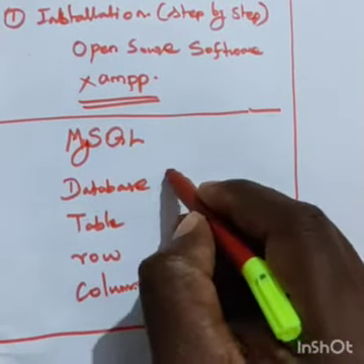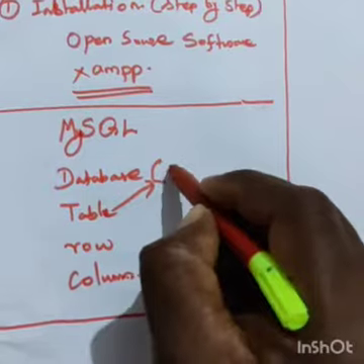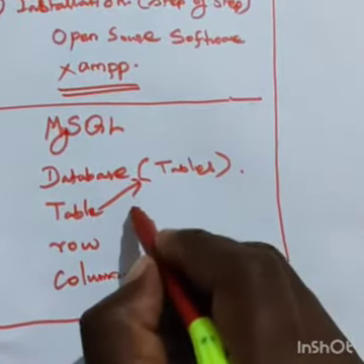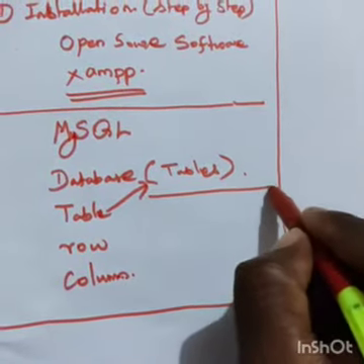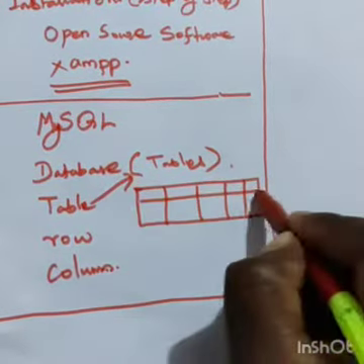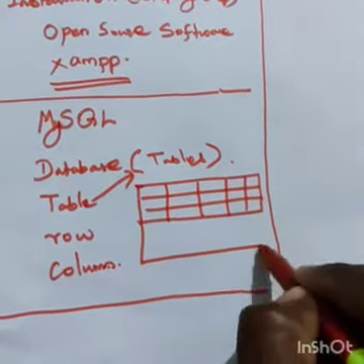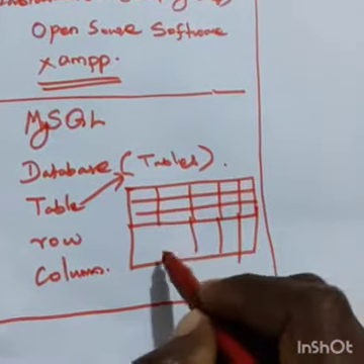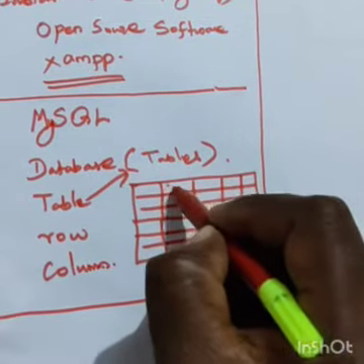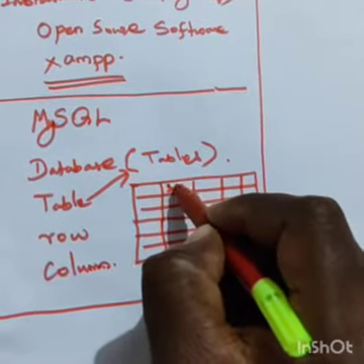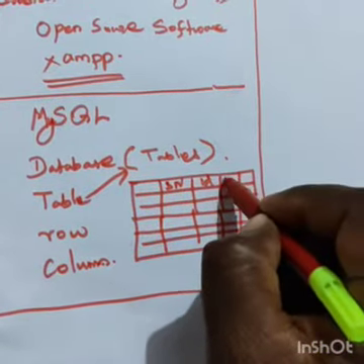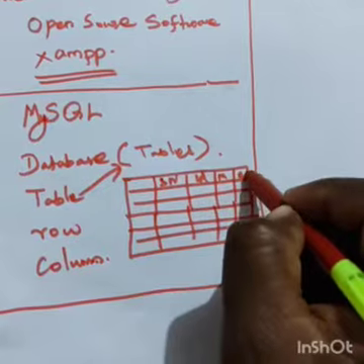Database means what? The collection of tables. Table means what? The collection of data. This is a table, no? This is the table heading: student's name, then ID, then subject, that is personal details, email.